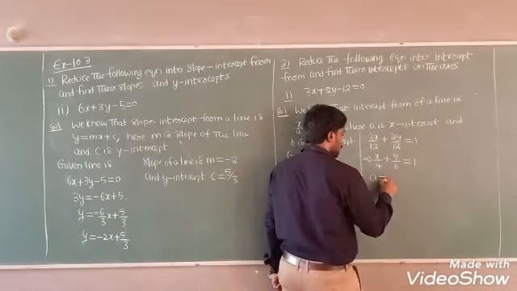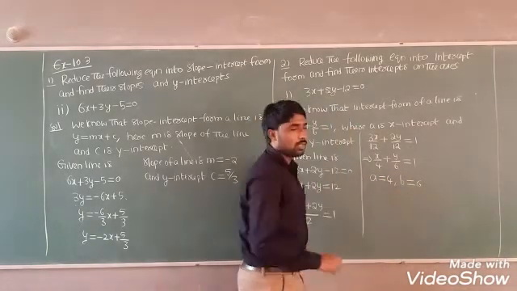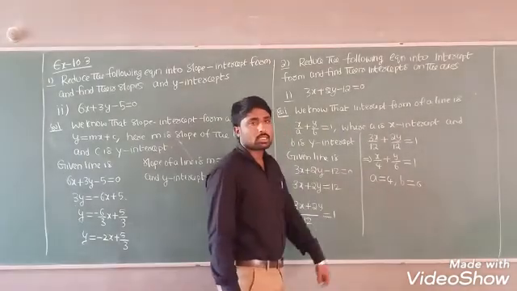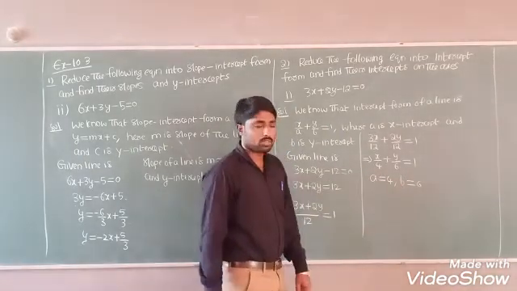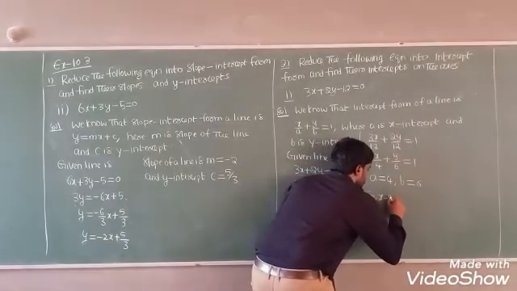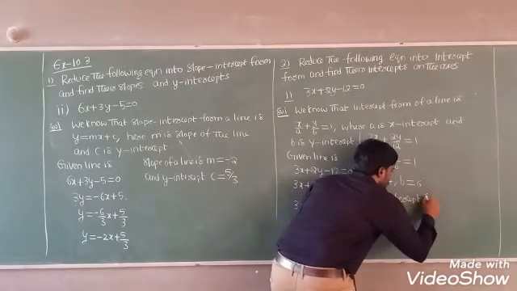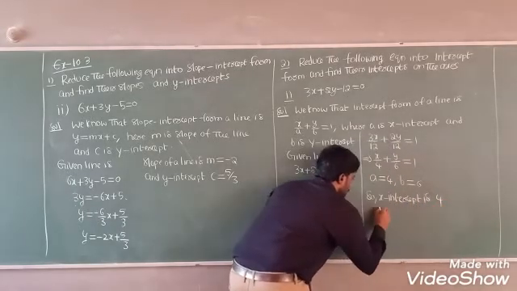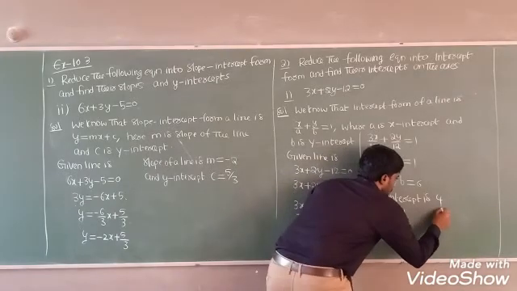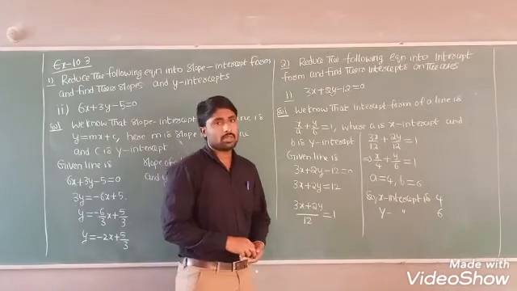So a value is 4 and b value is 6. Okay, what is the x-intercept here? X-intercept is 4 and y-intercept is 6. Okay, is it clear, everyone? So all of you note down this.